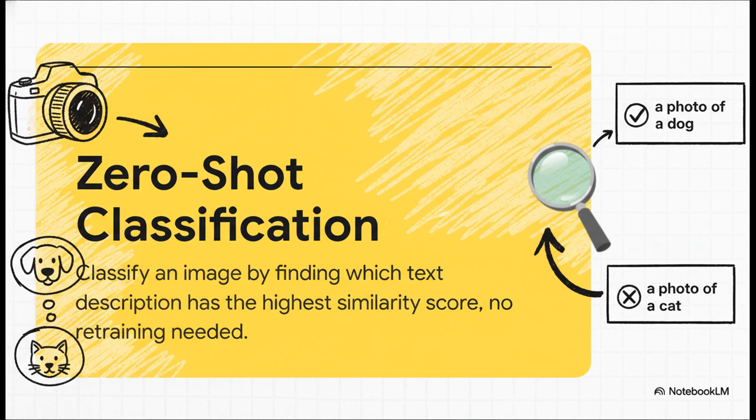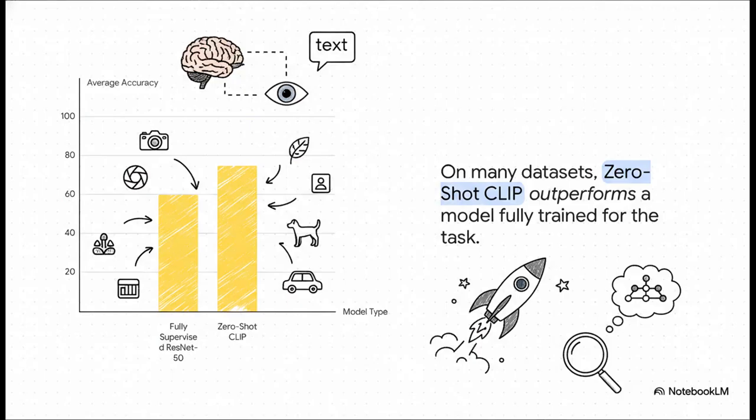CLIP then tells you which prompt is the best match. It's that simple. And the performance? It's just stunning. This chart here is comparing CLIP, with no task-specific training, remember, to a really strong standard model that was fully trained for these jobs. And on a bunch of these datasets, zero-shot CLIP is actually better. It's even competitive on the famous ImageNet dataset against a model that was trained specifically on ImageNet.